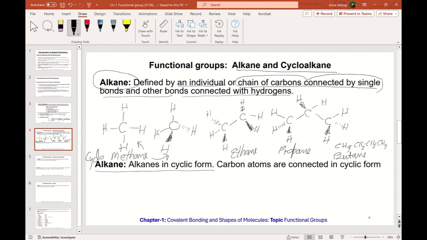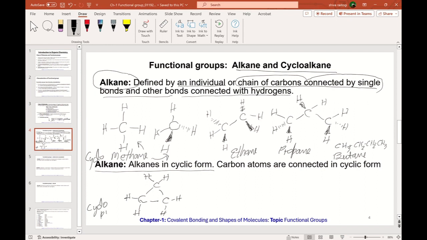The minimum cycle can be formed by 3 carbons, and each carbon has the other 2 valencies satisfied by hydrogen. So this is called cyclopropane.